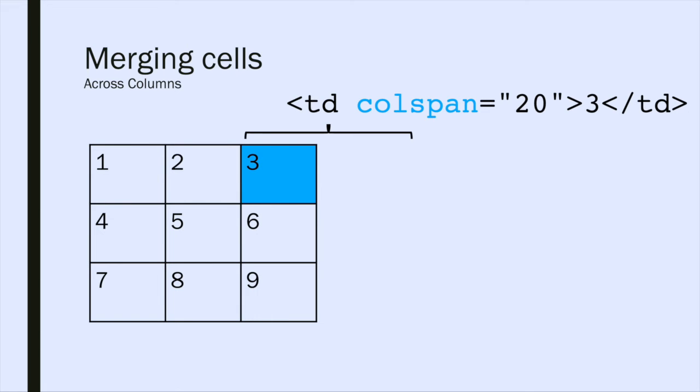Even if you were to say colspan equals 20, it still has no idea where to go, so it only stretches as far as the table can go. Again, if it's an internal cell, such as number 1, it'll stretch over as far as it can. But if it's an external one, it'll only stretch as far as the data goes. In this case, there are 3 columns, and since there are 3 columns, it doesn't have anywhere else to go.